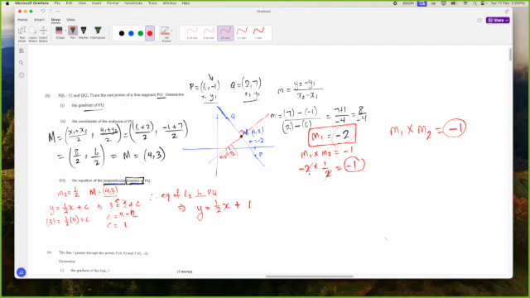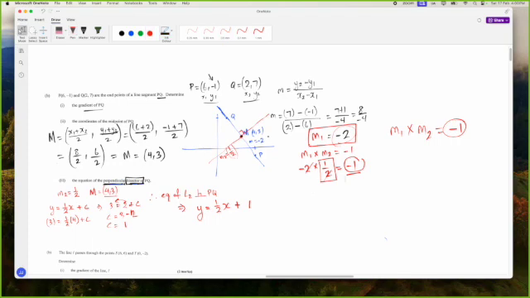That is how I got the gradient of the red line to be a half, because a half multiplied by minus 2 is the only thing that'll give me minus 1. So you're cool with how we get the gradient of the red line?